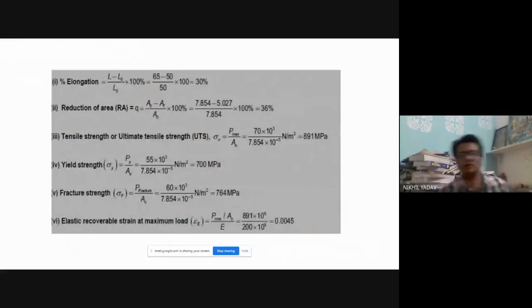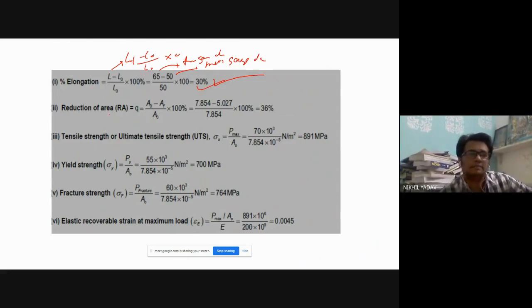Now we have found the values. So first of all, the elongation: LF minus L naught by L naught into 100. LF means the final gauge length, right? And this is the initial gauge length, right? So we have got 30%.